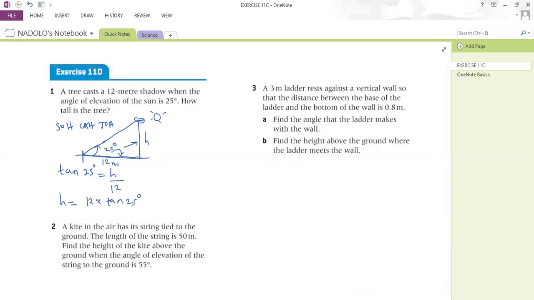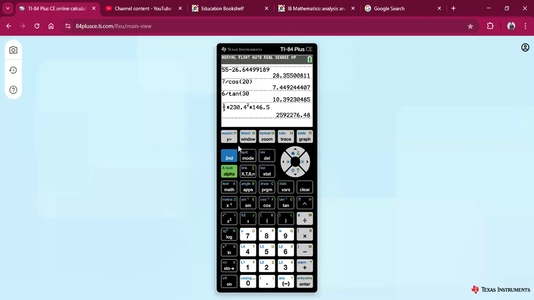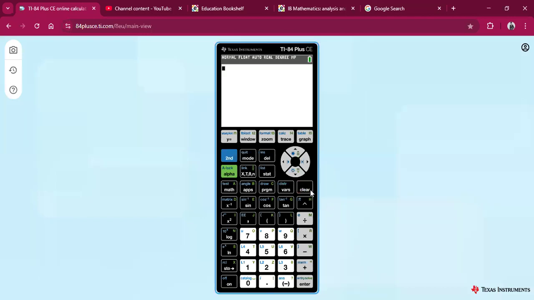Using my GDC, you can easily find what 12 times tan 25 degrees is. So let me clear this. We are going to write 12 times tan 25. And the answer is 5.595691898.